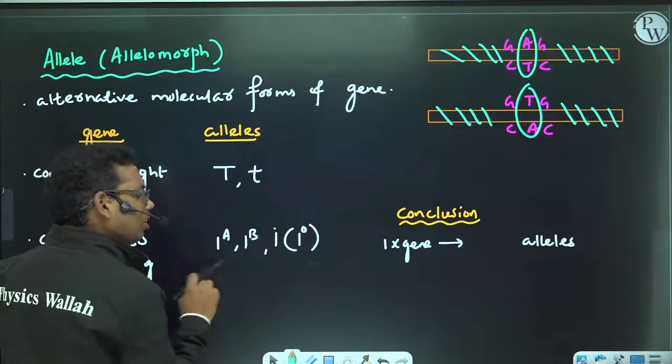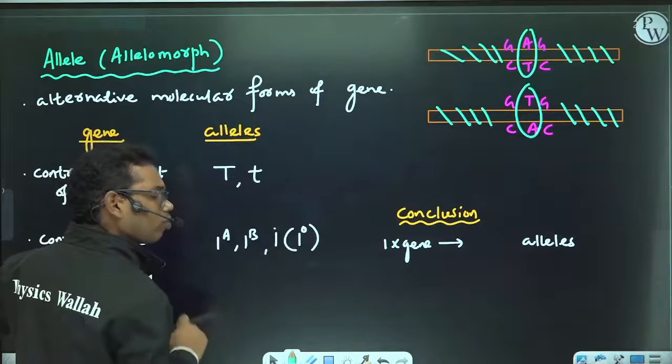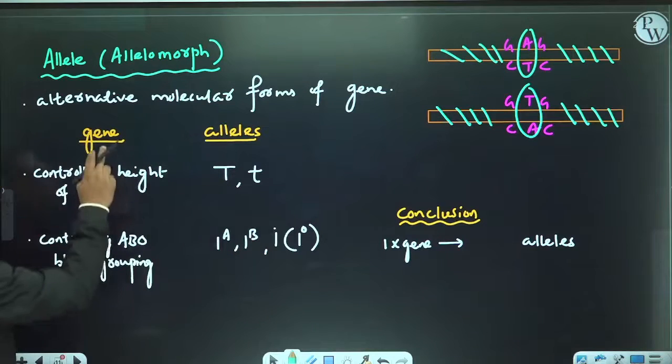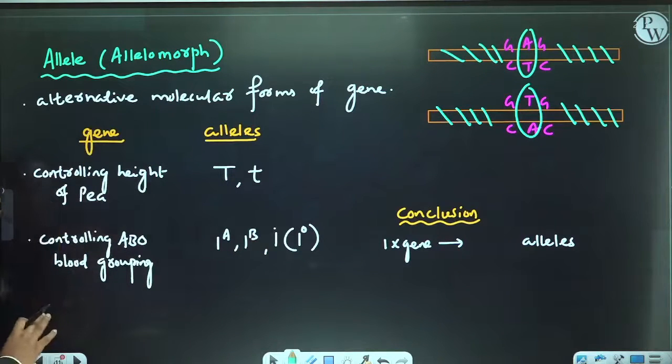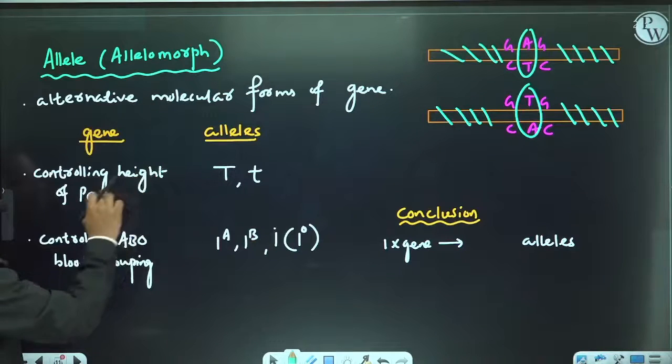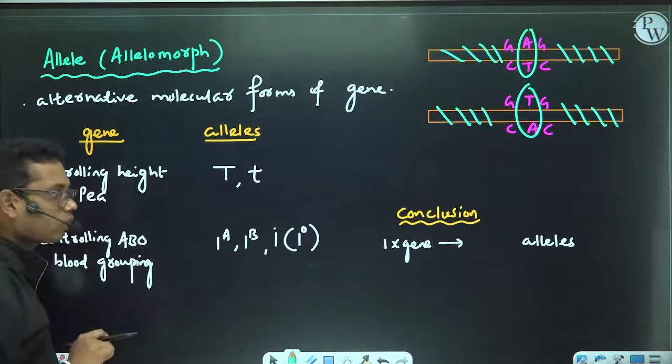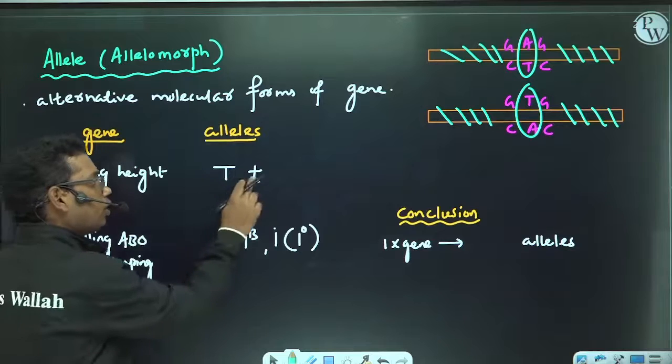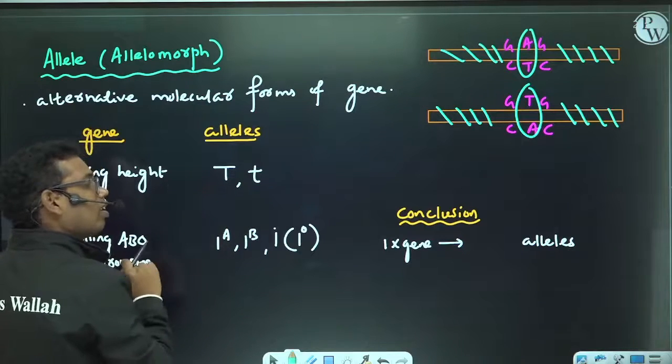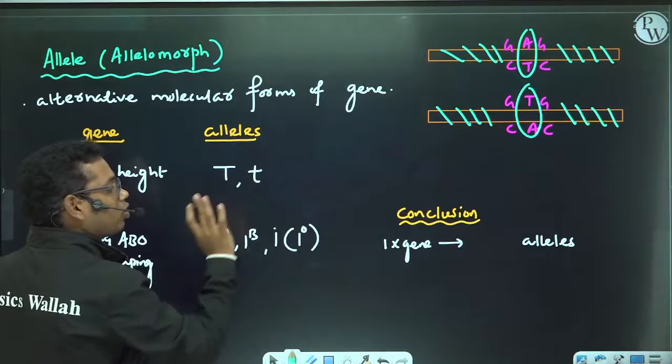One is IA, second is IB, third one is i, or I can say I naught. So the gene for controlling height of the pea plant is one gene that has two forms, capital T, small t.